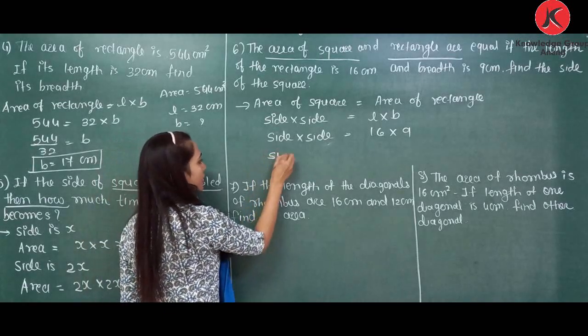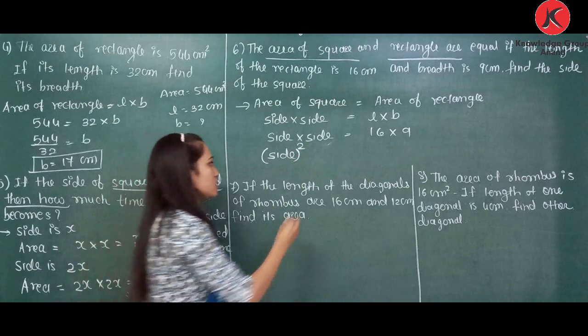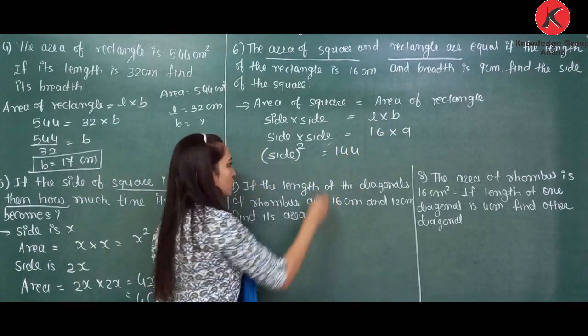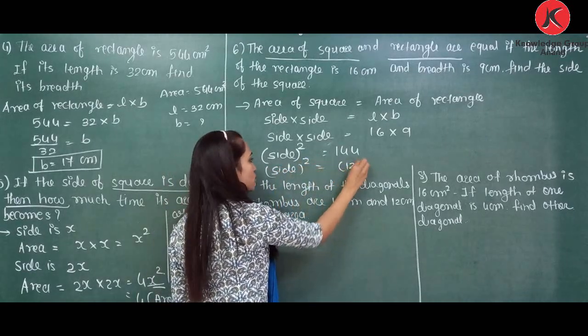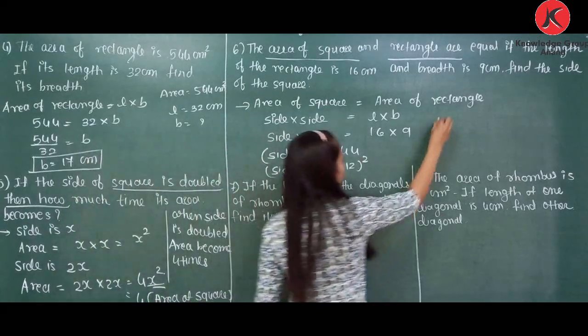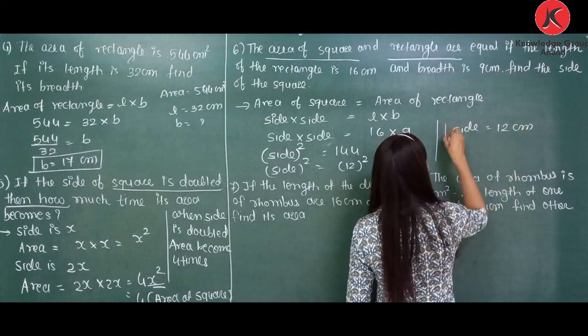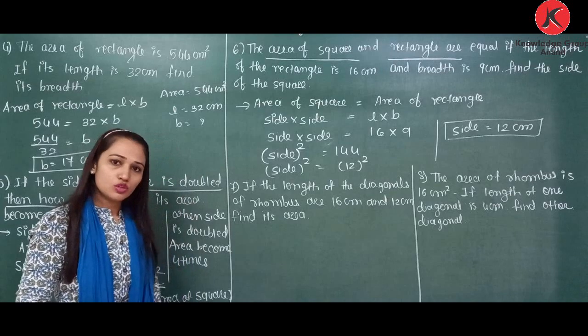So here you can write side square, because side multiply side means side square, and this one is 144 centimeter square. 144 is what? It is 12 square. So side will be 12 centimeter. We can remove this square on both sides.